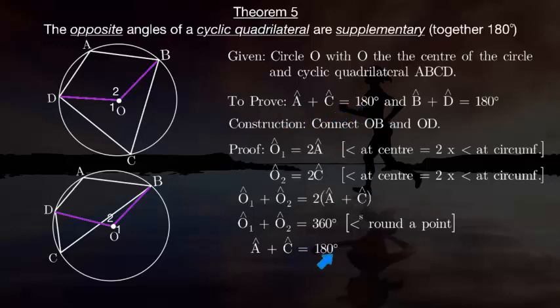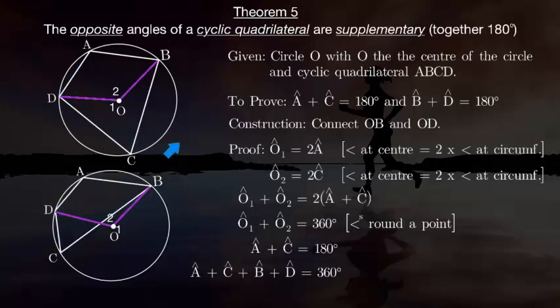Now what about the second part? Now we're simply going to say that angle A plus angle C plus angle B plus angle D is also equal to 360. Now why is this like this? Because the interior angles of a quadrilateral is equal to 360 degrees.